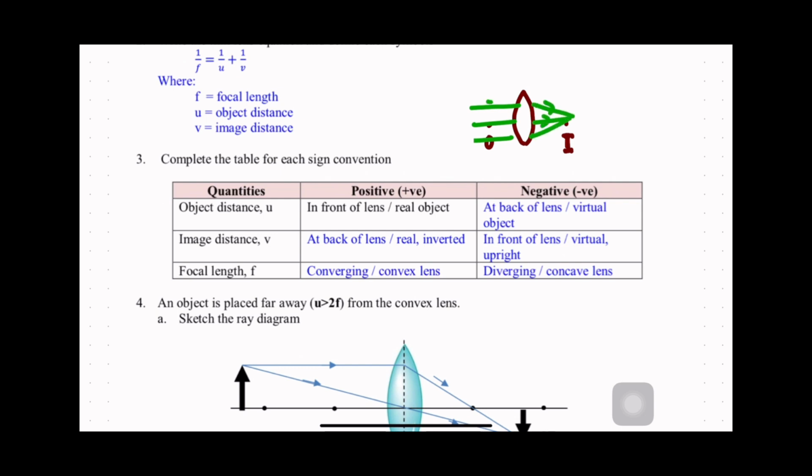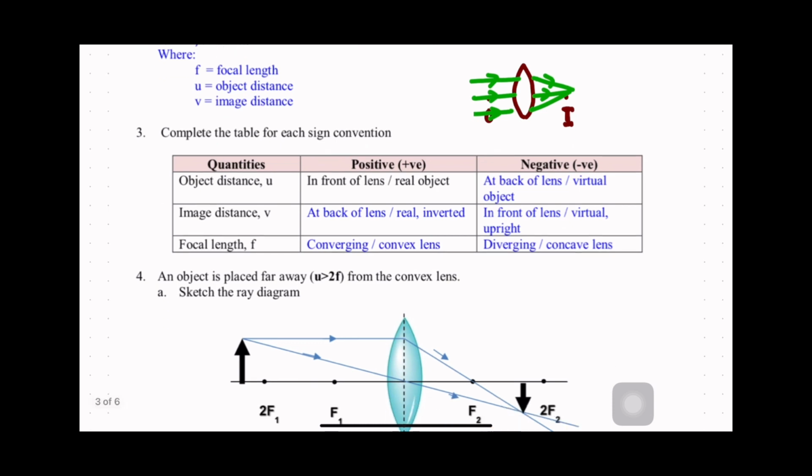Bila dia tembus, barulah dia obey hukum lah. Bila dia obey hukum, maksudnya dia real. Okay, so kalau negative sign means that the image is formed at the same side as our object lah, maksudnya in front of the lens. So dia adalah virtual. Okay, sebab konsep refract dia memang kena tembus. Jadi objek depan, image kena belakang lens, baru dia adalah real.